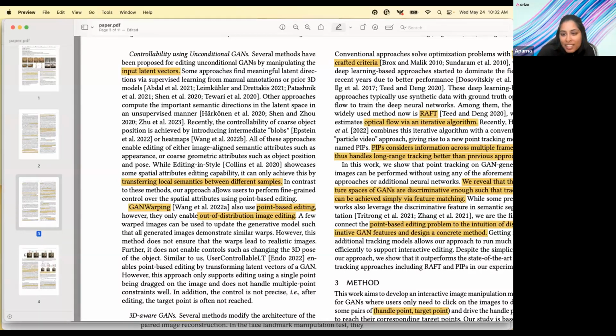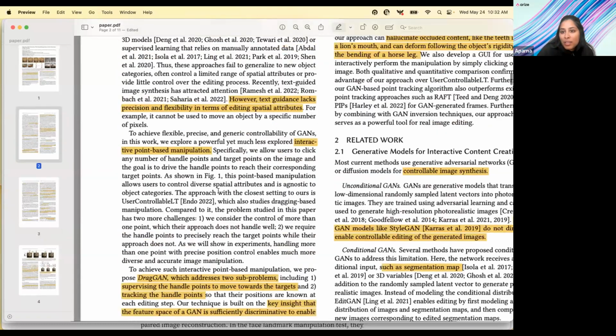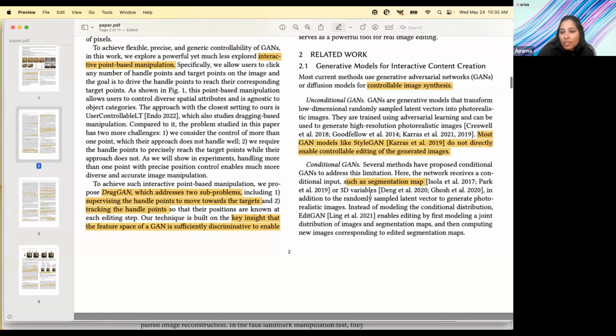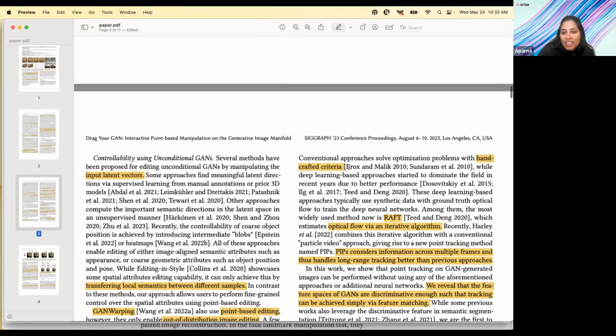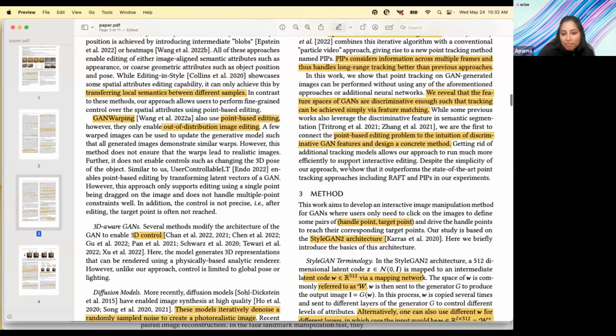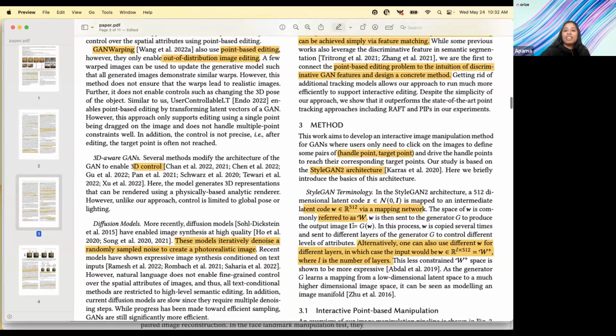But I think one of the key points of this paper was that this was one of the first times that users can give a handle point and a target point, and then you can manipulate the actual image using just these two inputs. That's, from a method perspective, how it works.